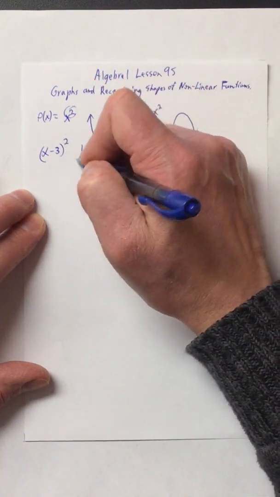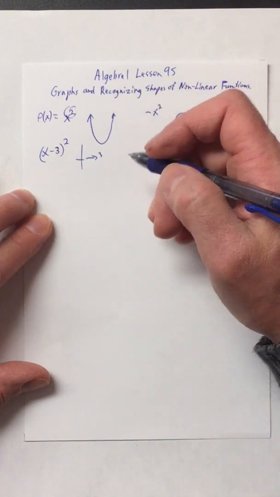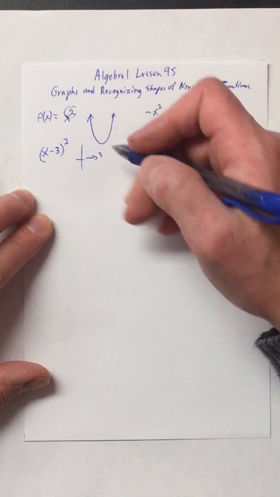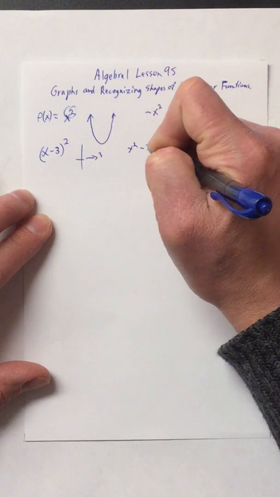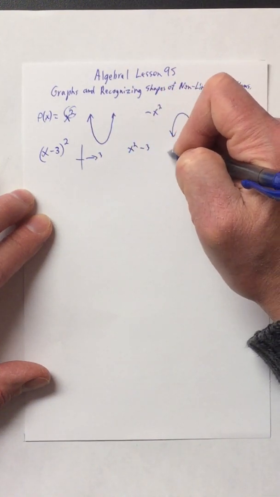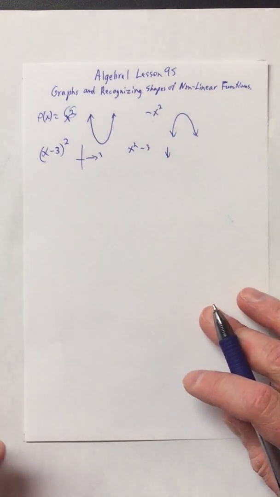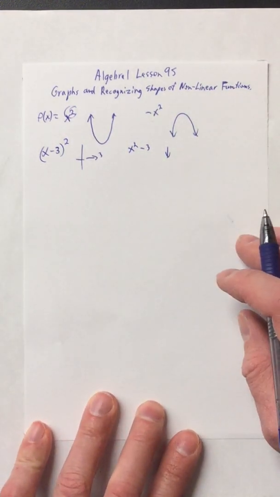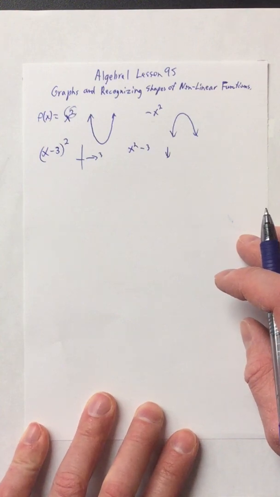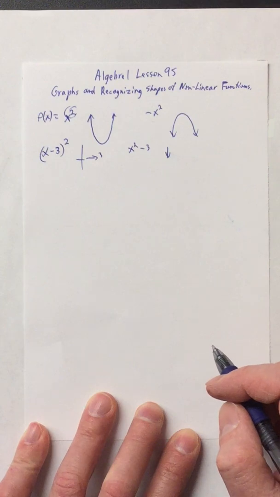They're showing that it is shifting to the left or to the right 3 spaces. And then if it's x squared minus 3, if it's not attached, the square doesn't apply, then you're showing that it's shifting down 3 spaces. So anyway, they're just showing you some shifts there, and something just to look at and say, that's cool. All right, so if it's squared, it graphs a parabola.